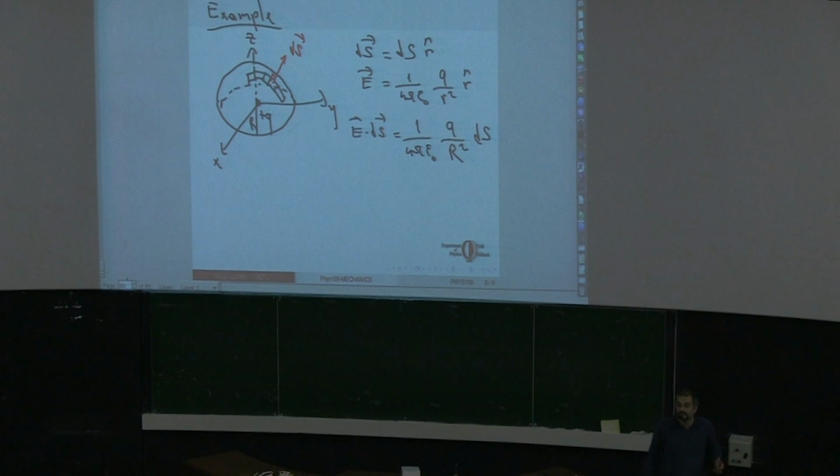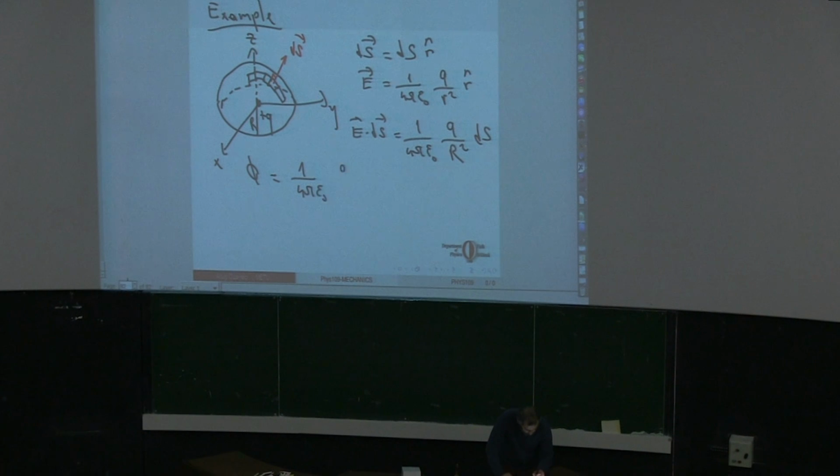And since I'm considering the areas on this sphere, and the sphere has a radius r, for each one of these areas, this small r is nothing but large R. They are equal on the surface. So the flux would be 1 over 4 pi epsilon 0 q over r squared ds integrated over my surface.